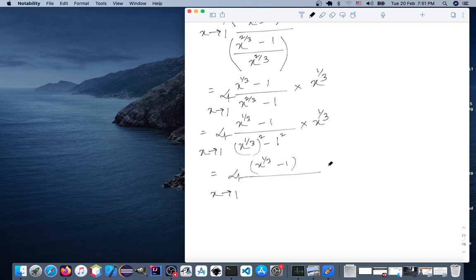If we factorize the denominator using the a square minus b square formula, we get x to the power 1/3 minus 1, x to the power 1/3 plus 1, and we have x to the power 1/3. So x tending to 1 implies x not equals to 1, implies x minus 1 not equals to 0.